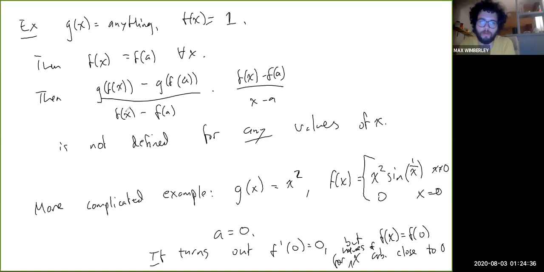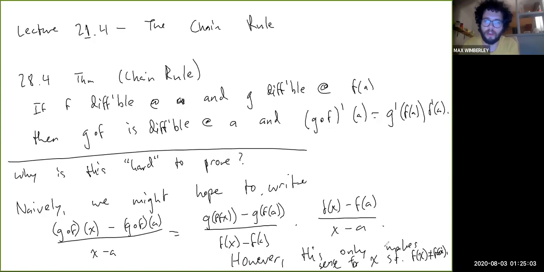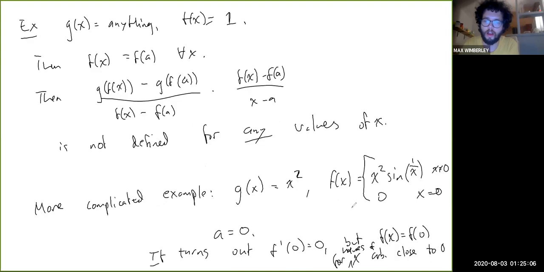So if a is 0, then f of x minus f of a becomes undefined at all these points getting really, really close to 0. So the two-sided limit of this can't exist, because there's no open interval around 0 for which this expression is actually defined. So we have to do a separate thing for the case where f of x equals f of a for a bunch of values of x getting arbitrarily close to a.